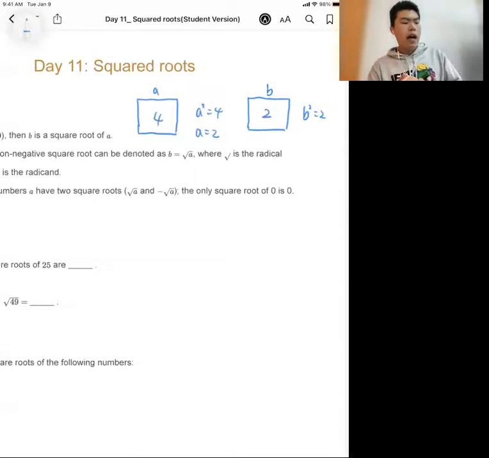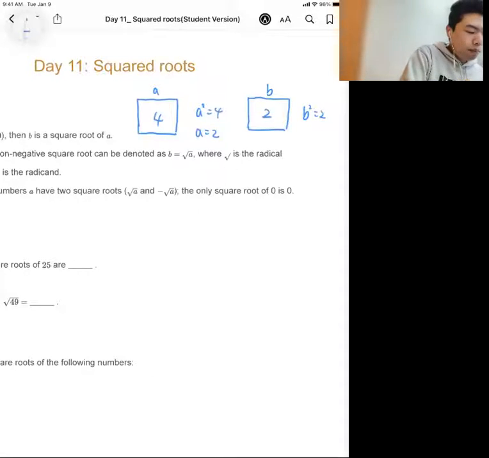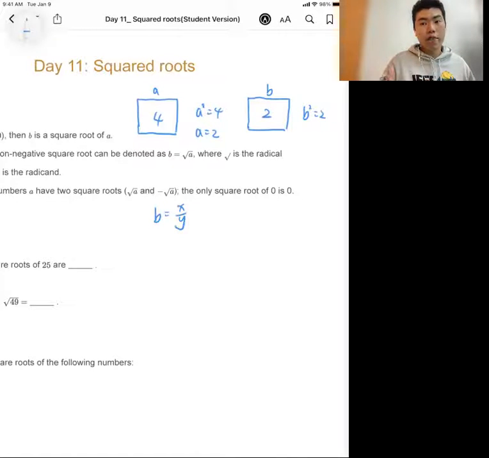Now, what about a fraction, right? We know that b has to be in between 1 and 2, right? So what if b is just a fraction? We can also do that. So suppose b here is equal to x over y, okay? We just assume that b equals a fraction. And then we say that x and y are both integers, because that is what we have for a fraction.